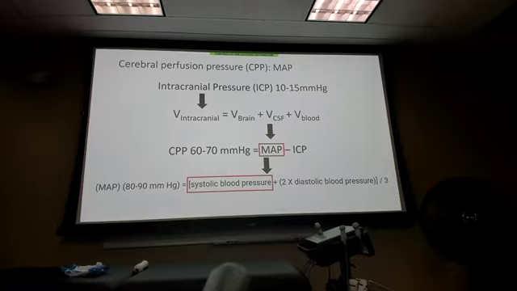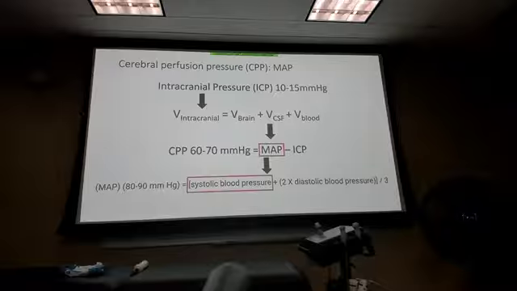So when we're talking about the CPP and how it relates to the MAP, you have the intracranial pressure, which is that volume we just talked about, and with our CPP being 60 to 70, what can we do to our MAP, or mean arterial pressure, in order to manipulate the CPP? Really, we manipulate the systolic blood pressure.